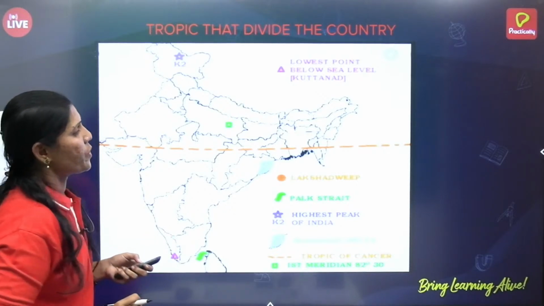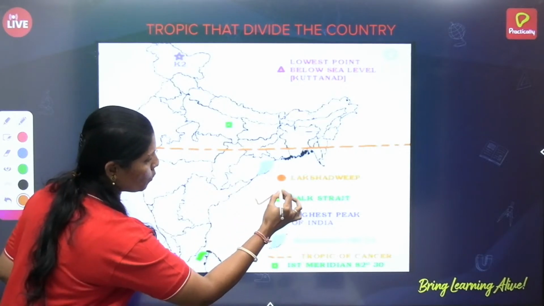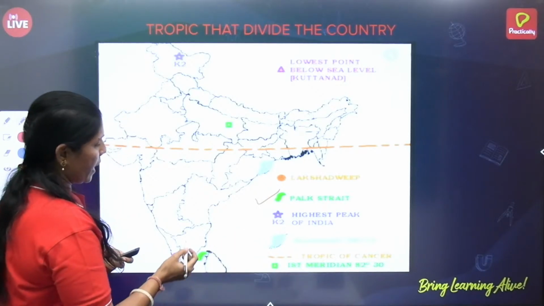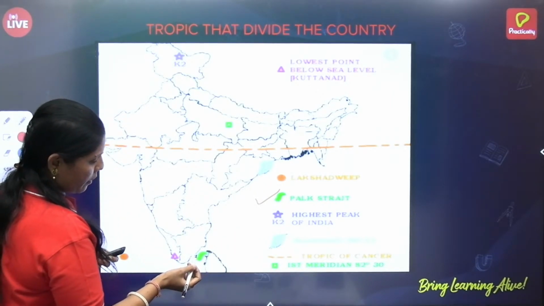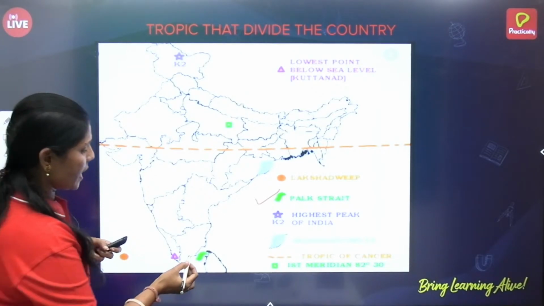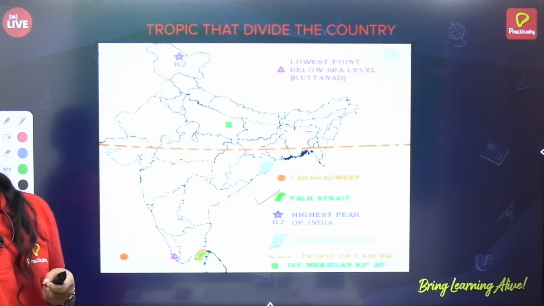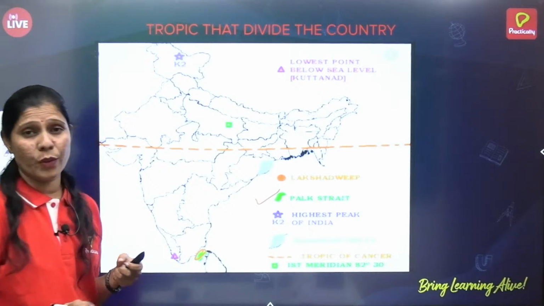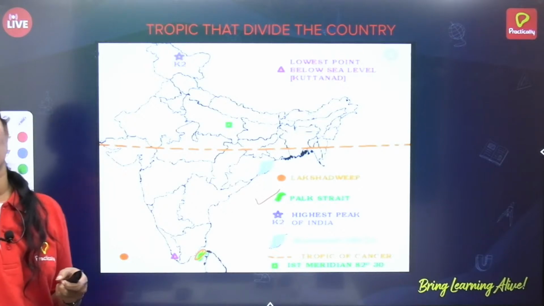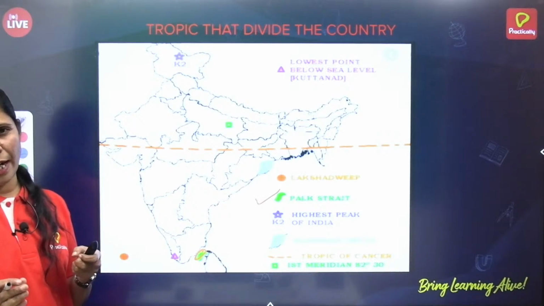So this is the Tropic of Cancer, and there is one more feature you need to know in this map, that is the Palk Strait. India is divided from Sri Lanka by a small strait, an inlet of water, which we call the Palk Strait, and there is also the Gulf of Mannar, which is dividing these two land masses.